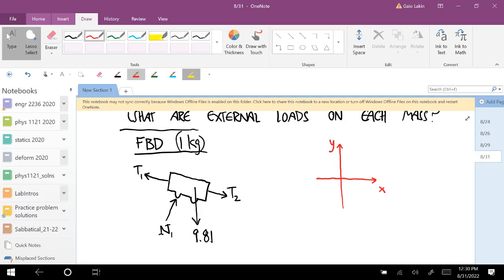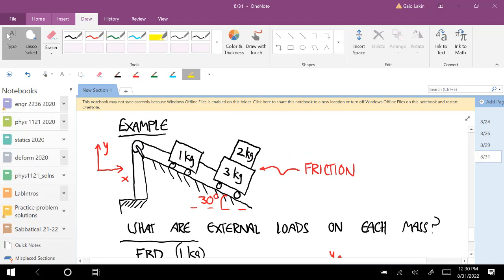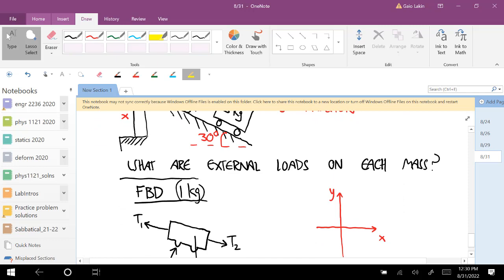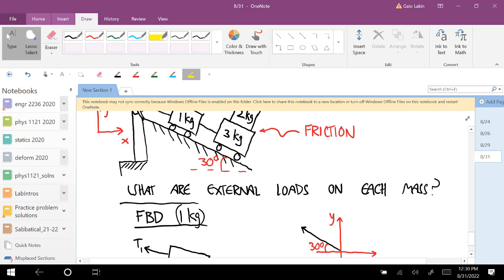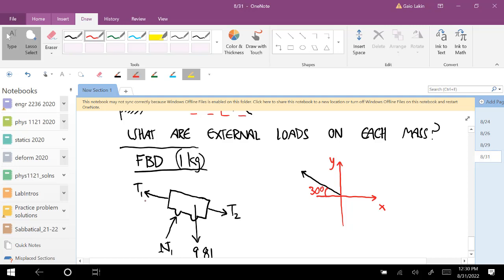So here's how I'm going to do it. And this isn't the only way, but this is how I'm going to do it. I'm going to draw a vector that's parallel to the incline this way. And we know that this angle is 30 degrees. That is the direction of that force T1.